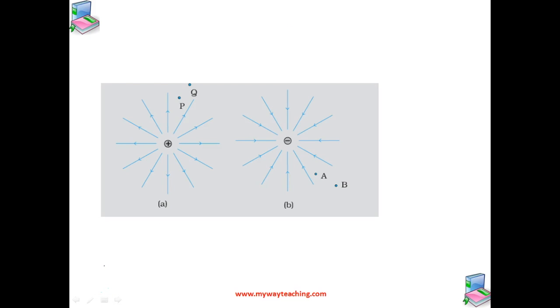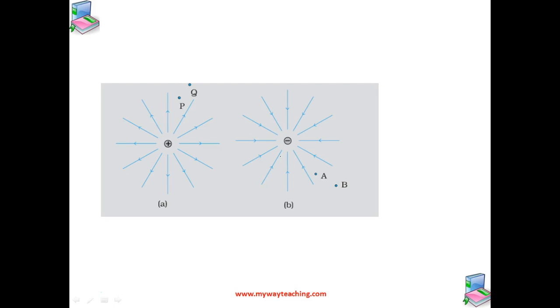Second one, give the sign of potential energy difference of a small negative charge between the points Q and P and between the points A and B. See, the small negative charge will be attracted towards the positive charge, obviously, and the negative charge moves from higher potential energy to lower potential energy.